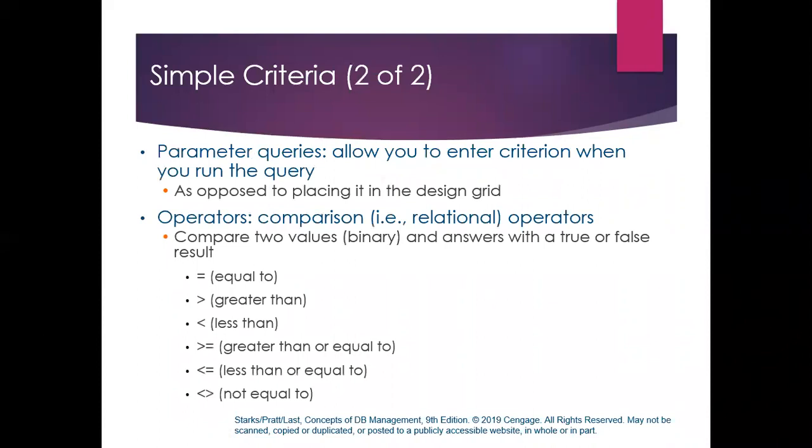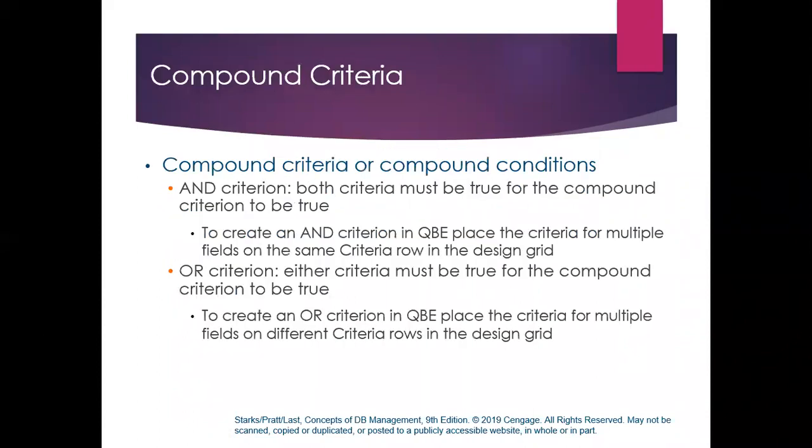Now, when it comes to queries with compound criteria using comparison or relational operators, examples of relational operators are your equal, greater than, less than, greater than or equal to, less than or equal to, not equal to. So for compound criteria, you're using the and or conditions.